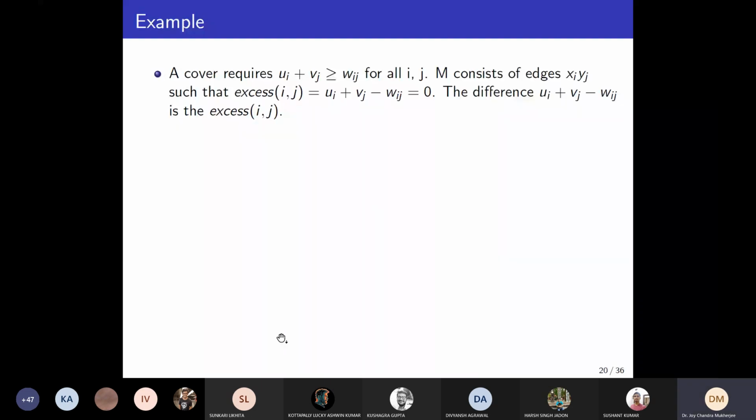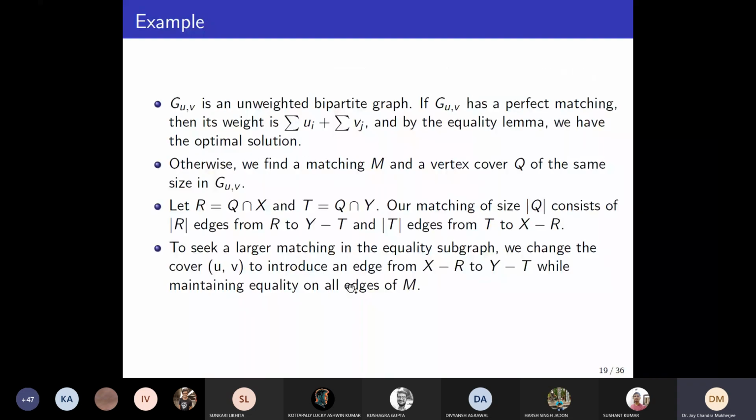To seek a larger matching in the equality subgraph, we change the cover to introduce an edge from x minus r to y minus t while maintaining the equality on all the edges of M. So without changing the existing matching M. Why say while maintaining equality on all edges of M?